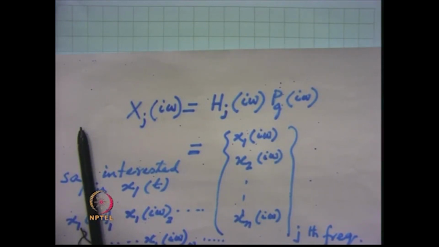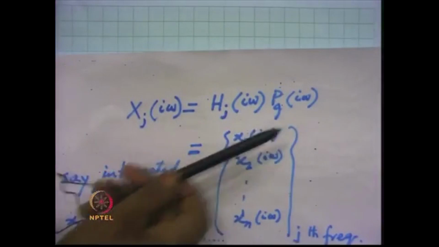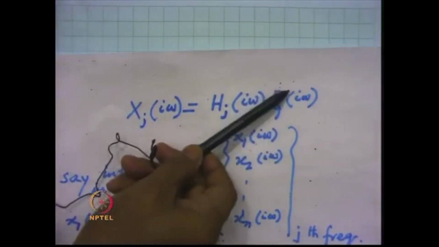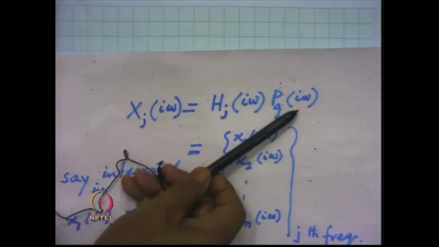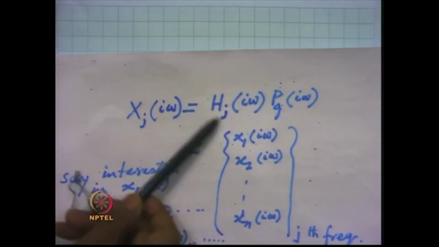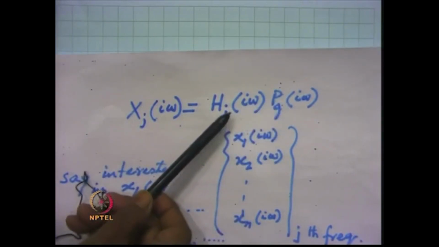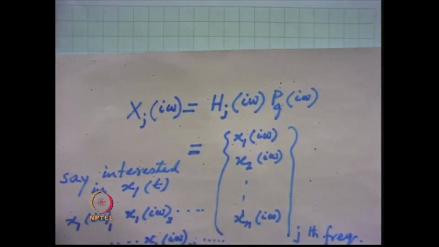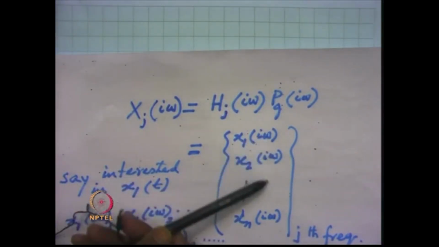So, those different forces, all of them are Fourier synthesized, and we get the value of P g i omega, and this again becomes a vector for a specified value of omega. If we multiply these two, then it becomes a vector, and for a specified value of omega one can have a vector of size n.